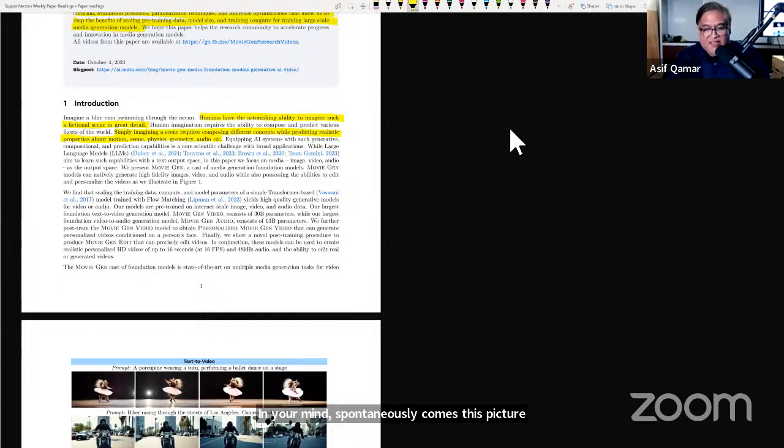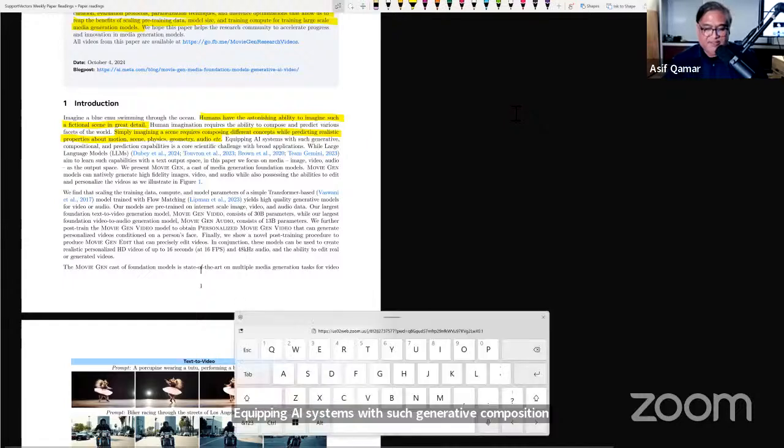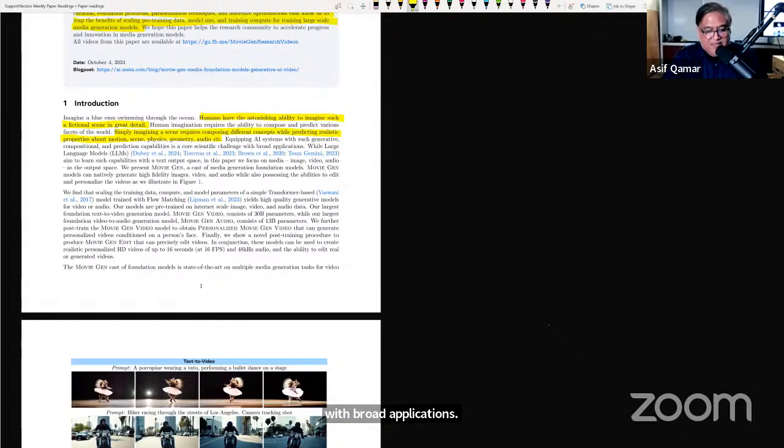Equipping AI systems with such generative, compositional, and prediction capabilities is a core scientific challenge with broad applications. While large language models, LLMs, aim to learn such capabilities with the text output space, in this paper, we focus on media, image, video, audio as the output space. So they're saying just like LLMs produce text, we imagine a set of models whose output space is multimedia.